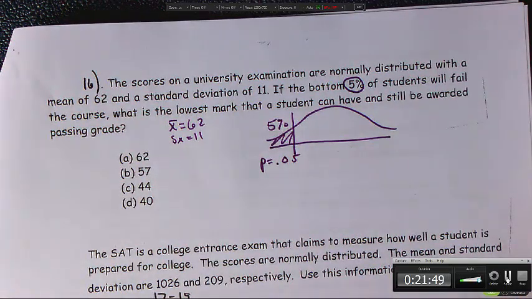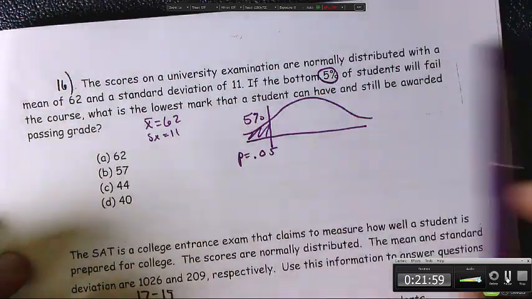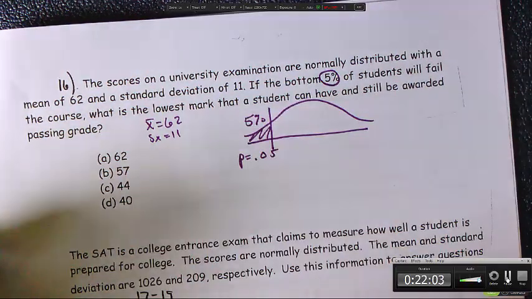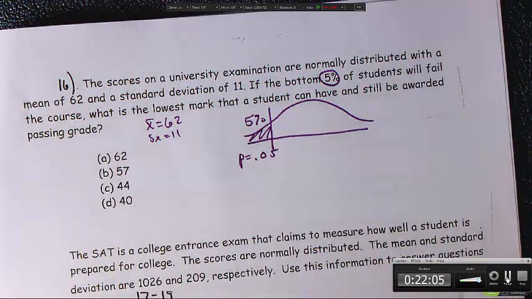Now, if it would have said the top 5%, that would be up here. But p-values always tell you the area to the left. So if it said the top 5%, the amount of data that's to the left would be 95%. So the corresponding p-value would be 0.95. Does that make sense, everybody?